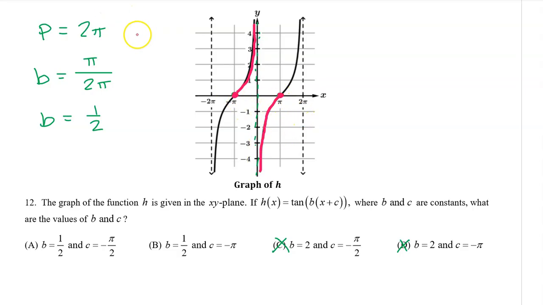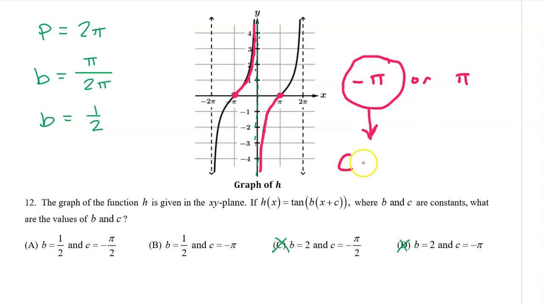So for the phase shift, we would think of negative pi or potentially positive pi. But let's start with this one because this is the beginning of the only full period that we see that goes from midpoint intercept to midpoint intercept. So if this is the phase shift, then that would correspond to a C value of positive pi.